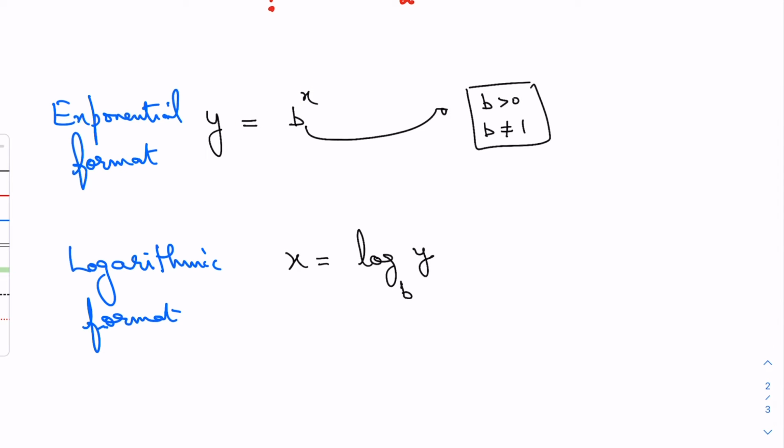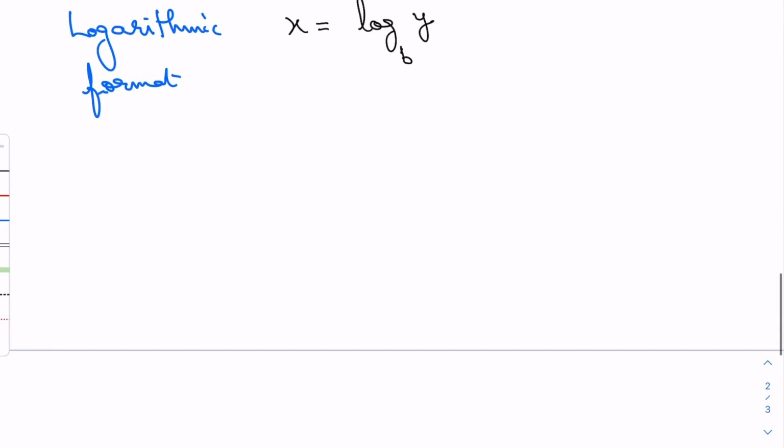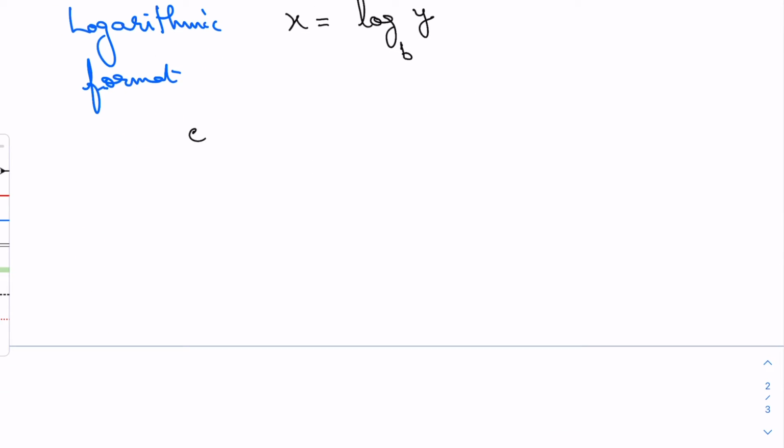If I want to exchange this role, that's what we have done here. So in this equation, I understand that y values are going to be provided, and then we are going to collect the values of x.